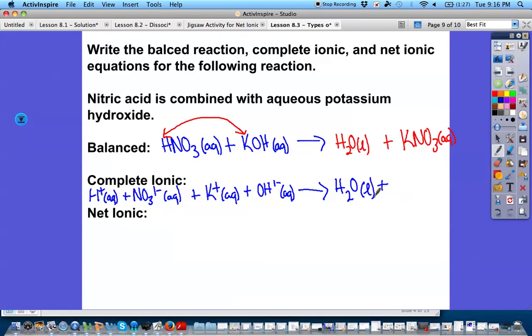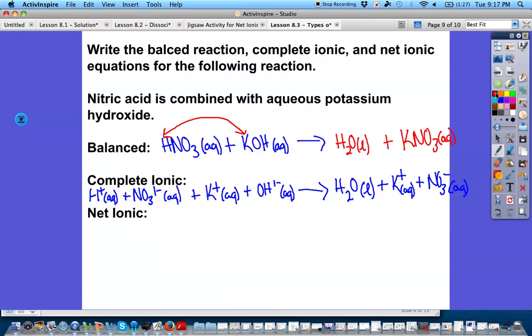And then potassium nitrate, we're going to have K plus. And this is going to be aqueous.